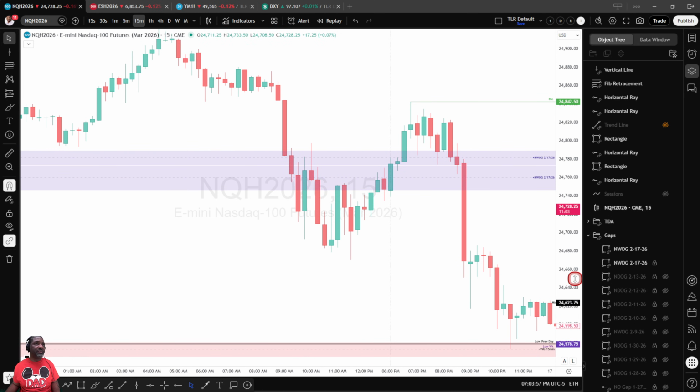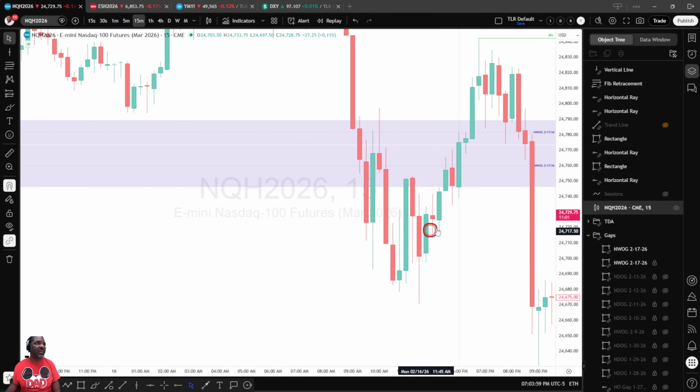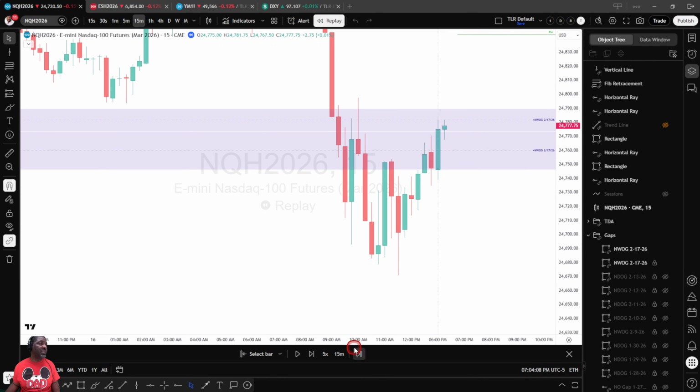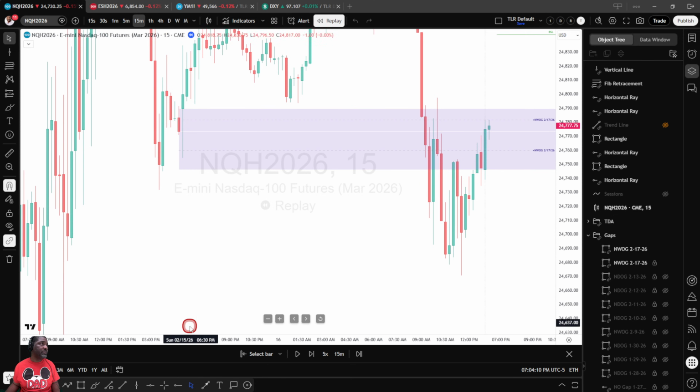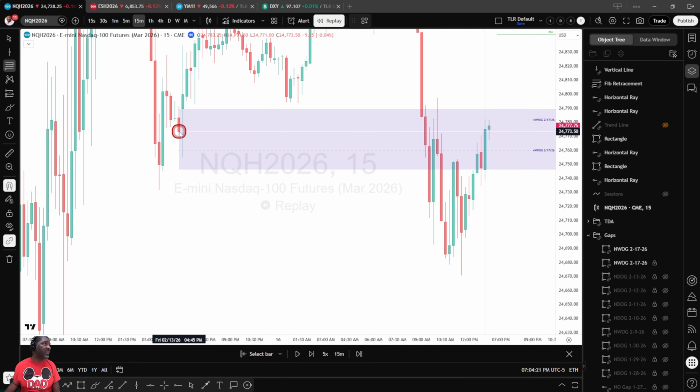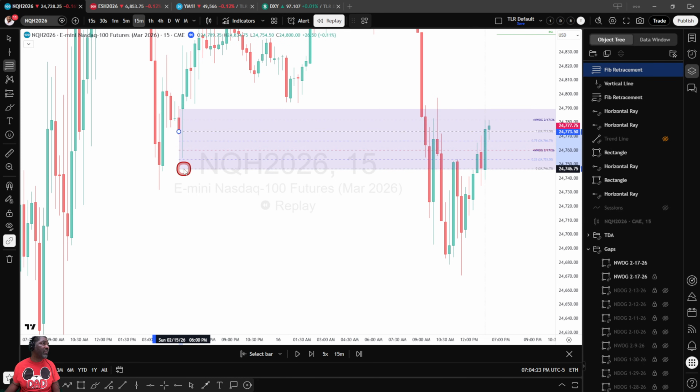Because if we go down to a lower time frame, let's just zoom this back over to here, and let's get some quadrants real quick. Let's get some quadrants and just look at how price interacted with these levels.